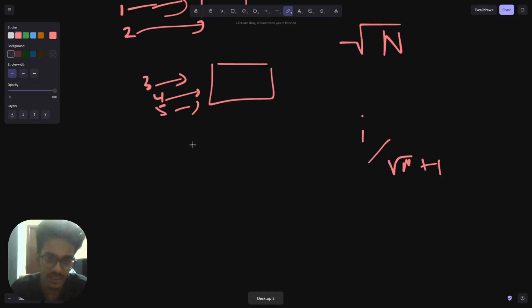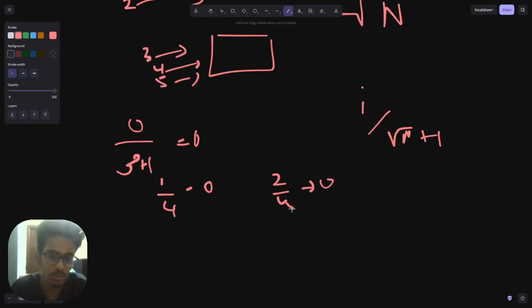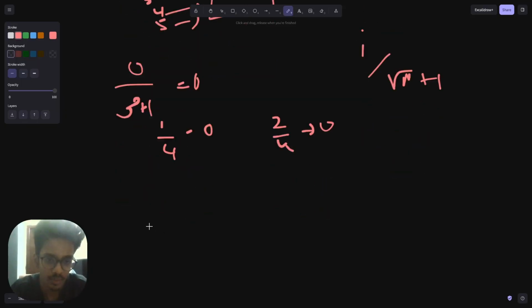So 0 divided by 3 gives 0, block 0. 1 divided by 4 gives 0, 2 divided by 4 gives 0. So these three belong to the same block. And 3 divided by 4 also gives 0.